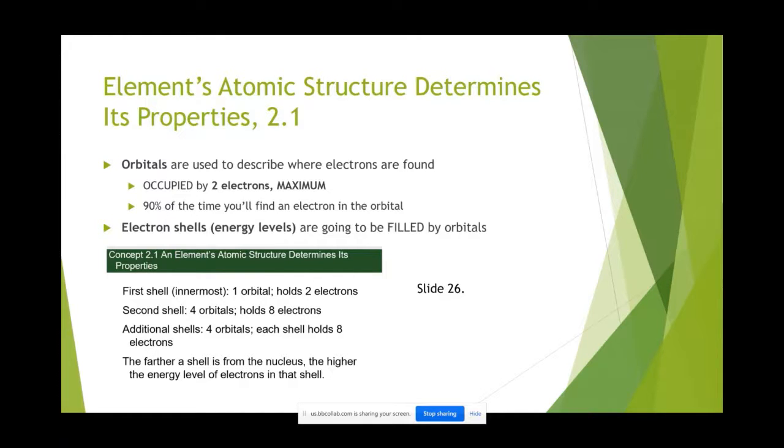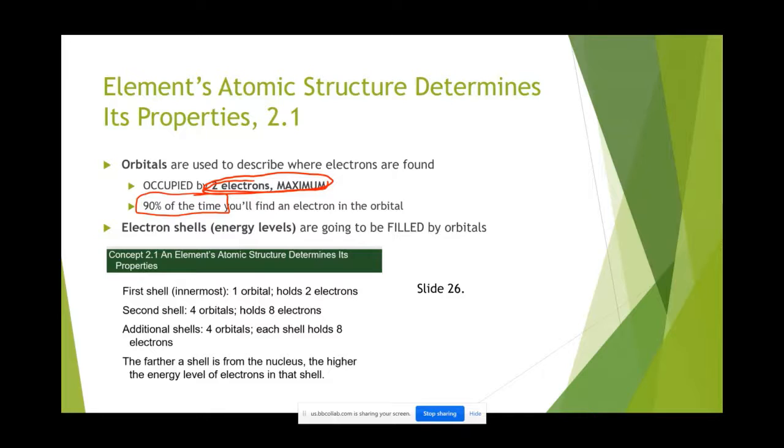Why would somebody say, oh yeah, the electrons are in this orbital? First of all, because 90% of the time you'll find it there. But also, it only has 2 electrons in it. It's not like there's 50 electrons and you have to find which electron is in the orbital. There's only 2. It's so easy. Does that kind of make sense?